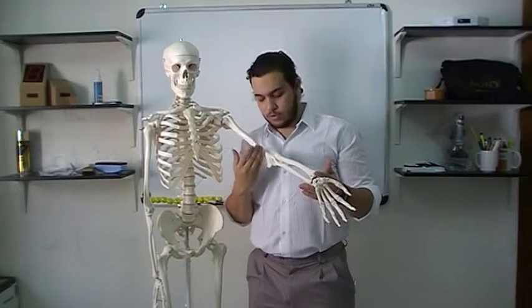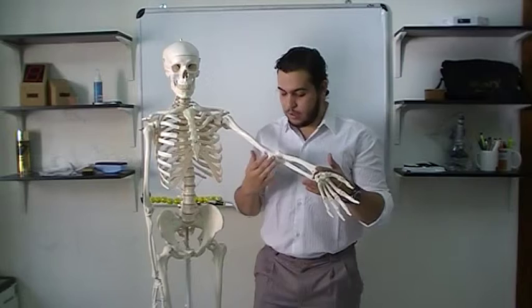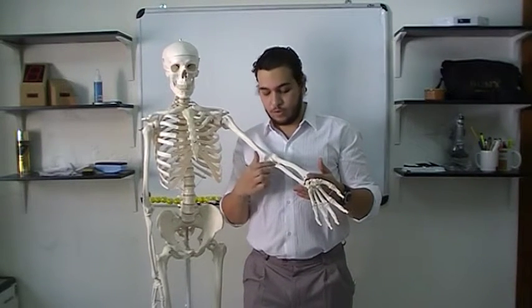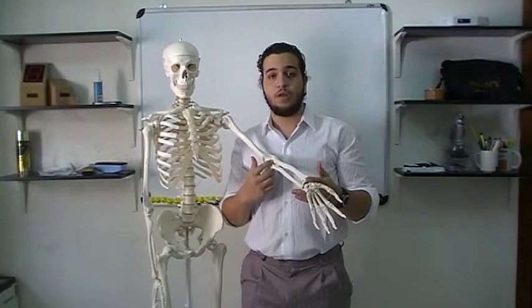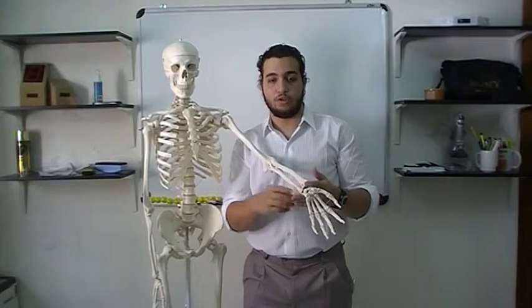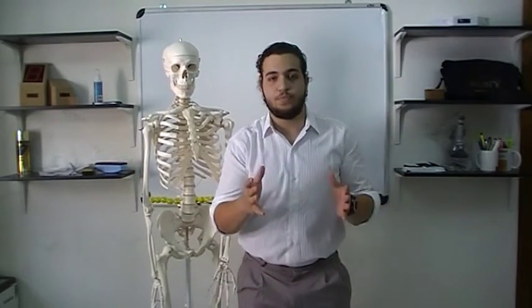But which one is closer to the structure? The main structure is the elbow. So proximal means closer to the origin. This we call the proximal radioulnar joint, while in here we call it the distal radioulnar joint because it's further away from the structure.